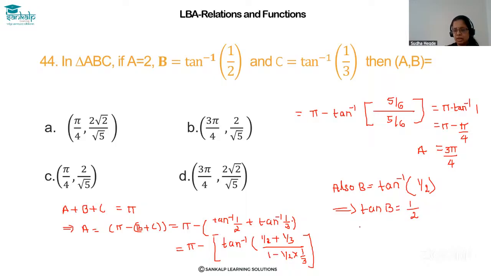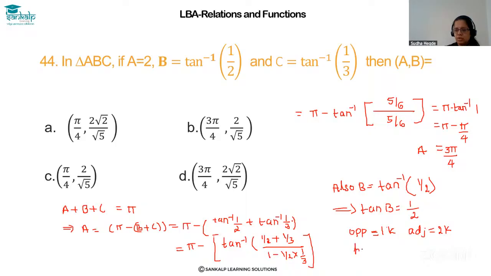So tan B, tan of an angle is opposite by adjacent. So opposite, you can take it as 1 into some constant, since it is ratio, 1k you can take. K is constant. Similarly, adjacent is equal to 2k.